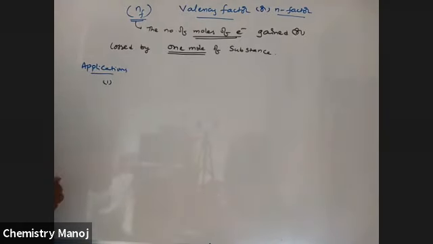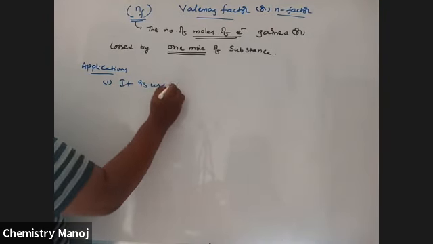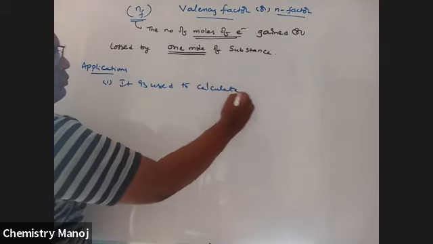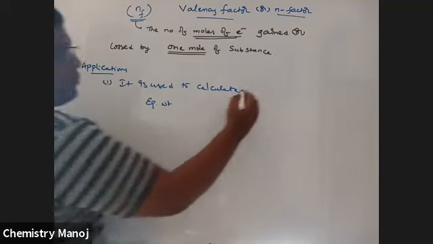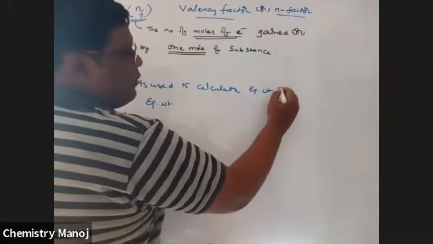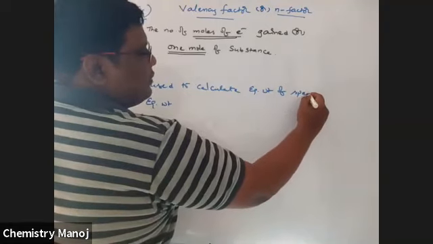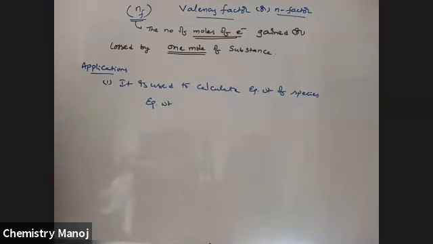The first point: it is used to calculate equivalent weight of species.